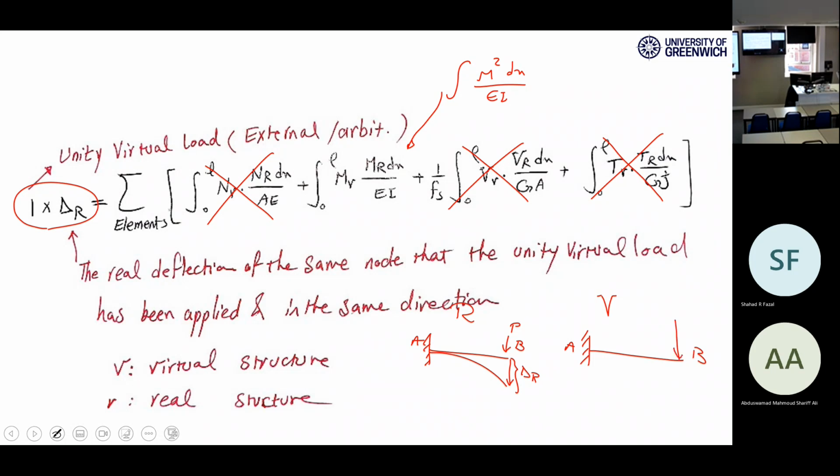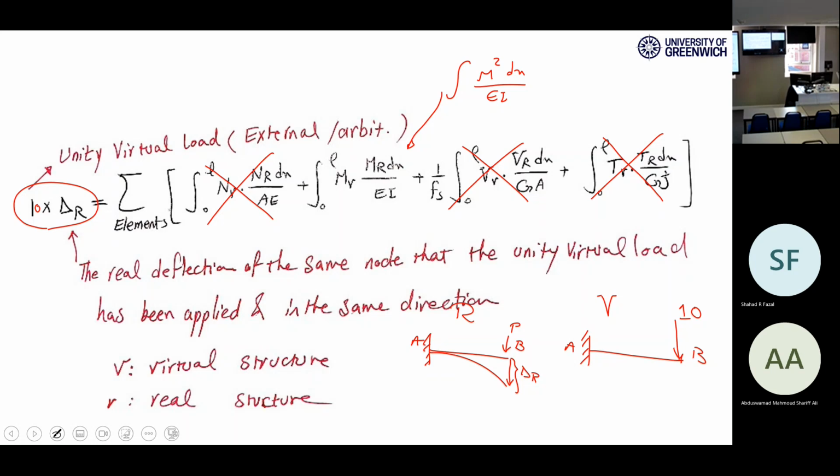Put a force here along the deformation, and the value can be 1 or whatever you like. If you put 1, you should write 1 here. If you put 10 kilonewton, you should write 10 kilonewton. If you put 20, it's not always 1.